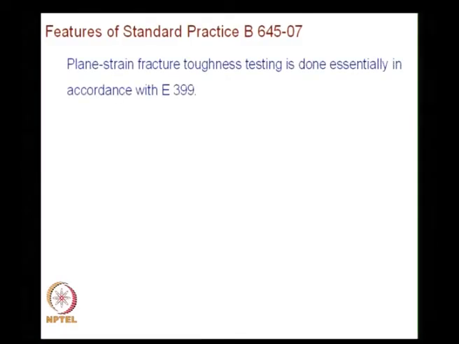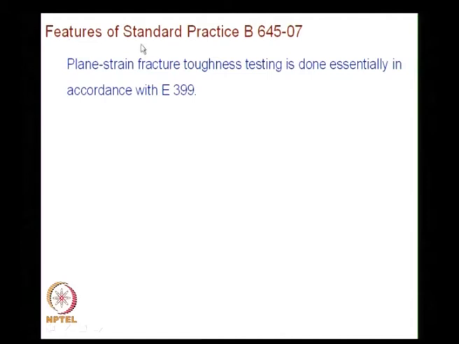Based on the thickness, all other dimensions are fixed. So, you will have to go for this kind of change in thickness and redo the test. So, you have certain difficulties in E399.